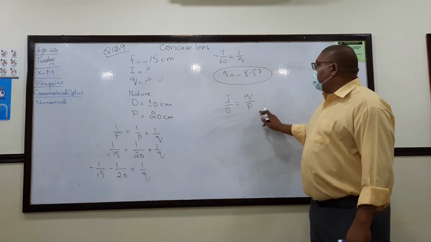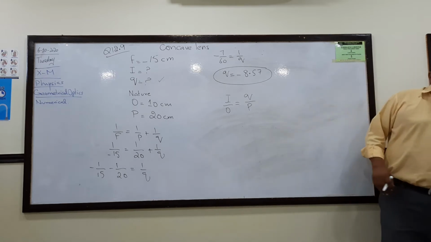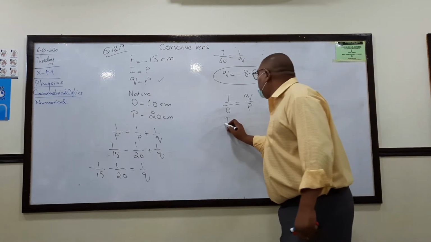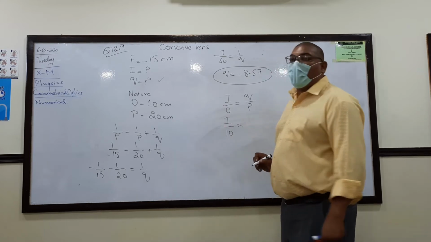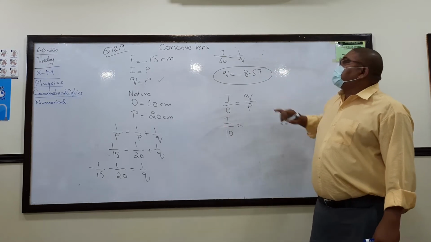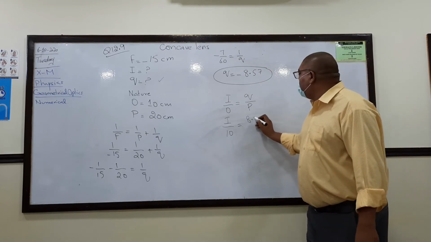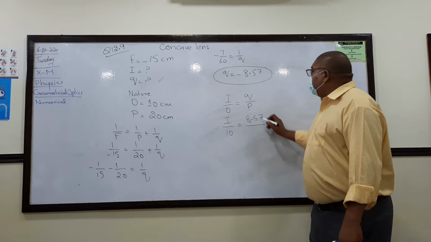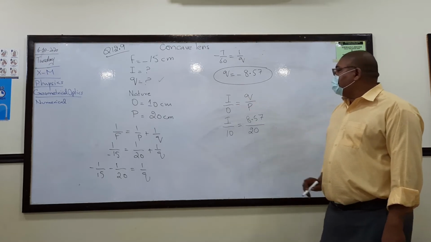I know these three values. The I value I want to know, the height of the image. So I divided by O. O is 10 centimeter, the height of the object. The value of q, the distance of image from the lens, is 8.57, divided by p. The p is the distance of the object from the lens.